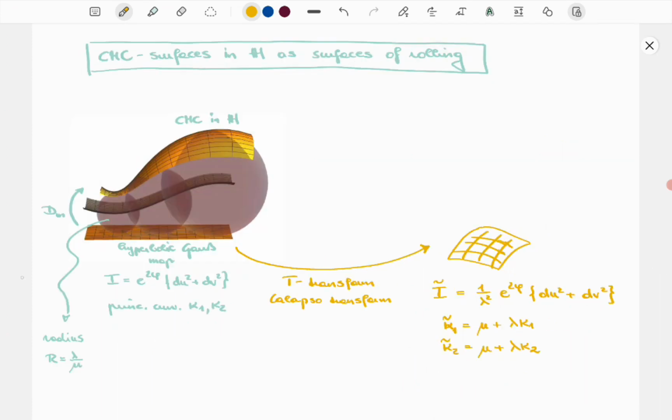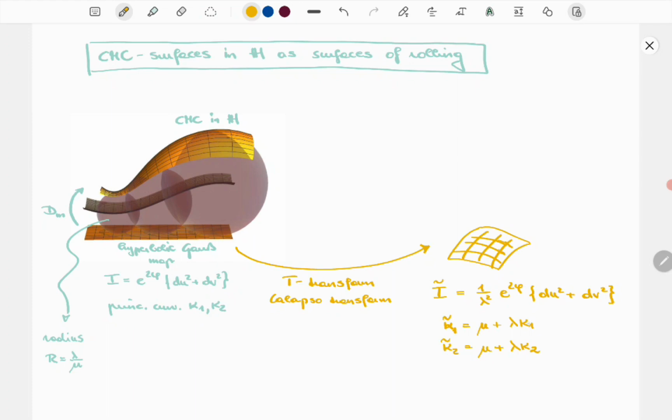So, starting with a Darboux pair consisting of a hyperbolic Gauss map and one of its CMC surfaces in hyperbolic space, one can make a T-transform of the conformal hyperbolic Gauss map to obtain a new isothermic surface given by the following data, which in this case even simplifies a bit because our hyperbolic Gauss map has vanishing principal curvatures.